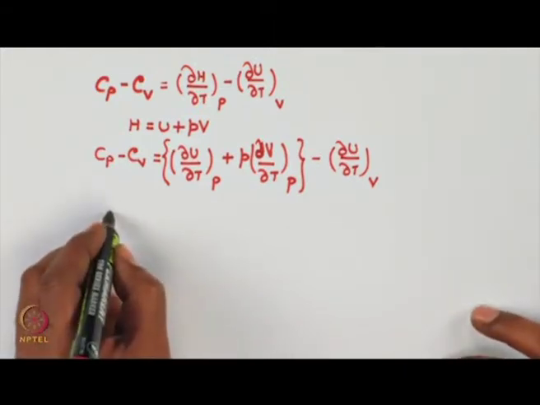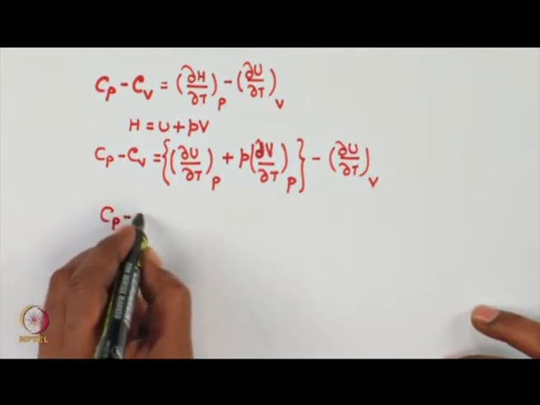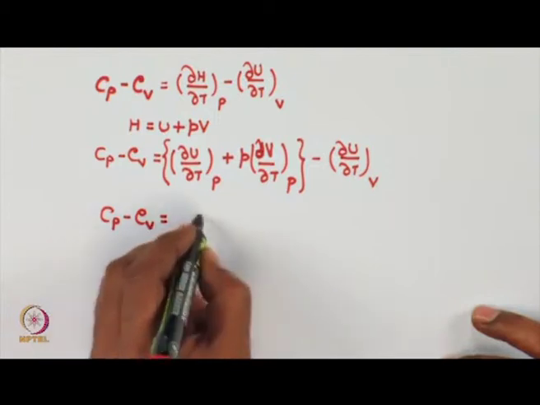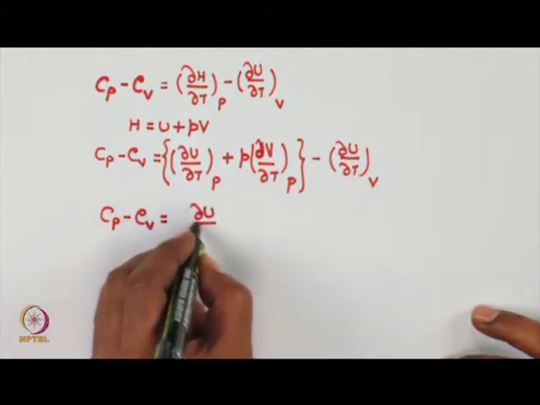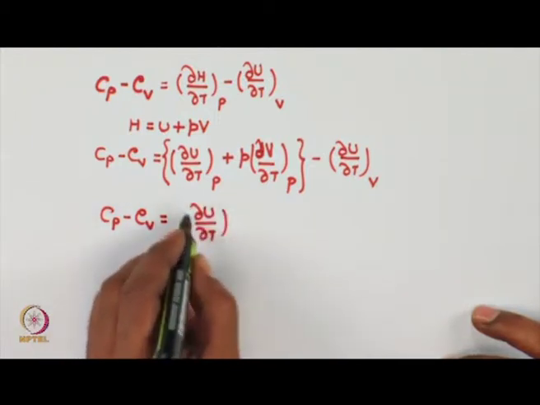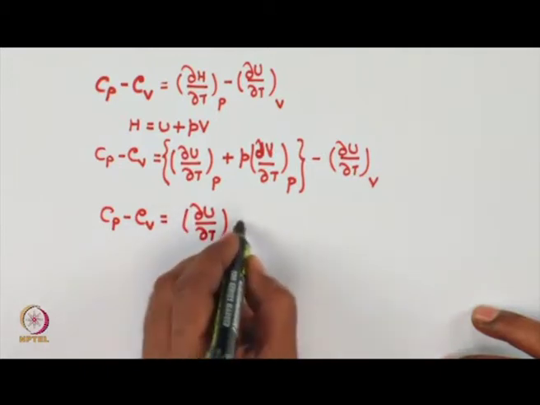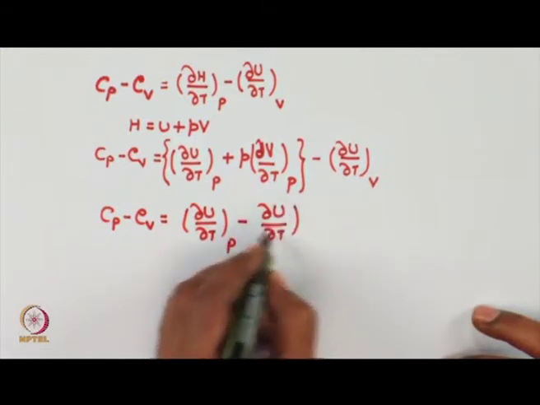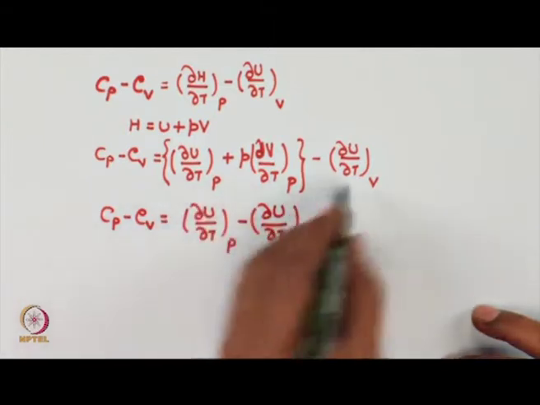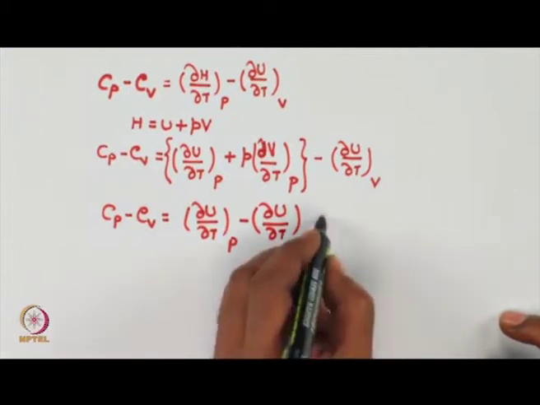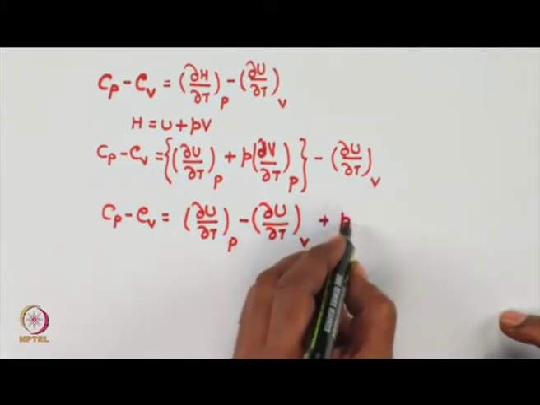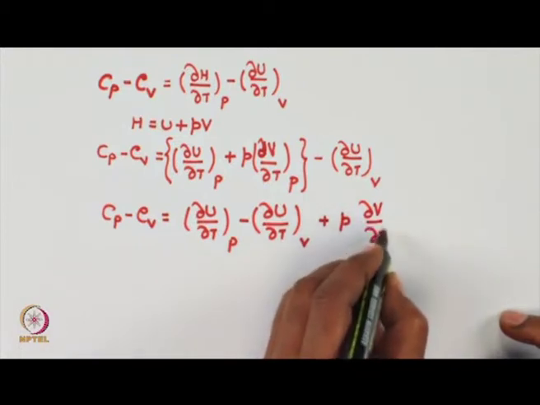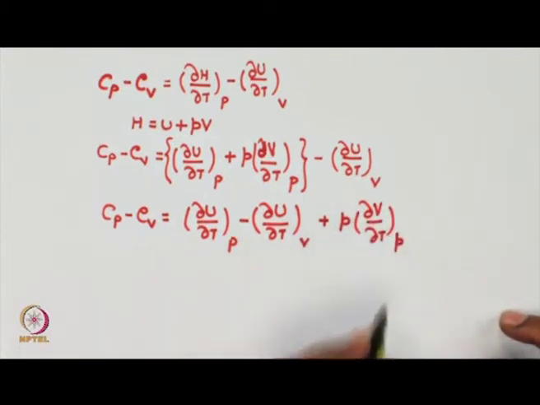What I have here is Cp minus Cv equal to the variation of internal energy with respect to temperature at constant pressure minus the variation of internal energy with respect to temperature at constant volume, these two I have combined, plus P into the variation of volume with respect to temperature at constant pressure.